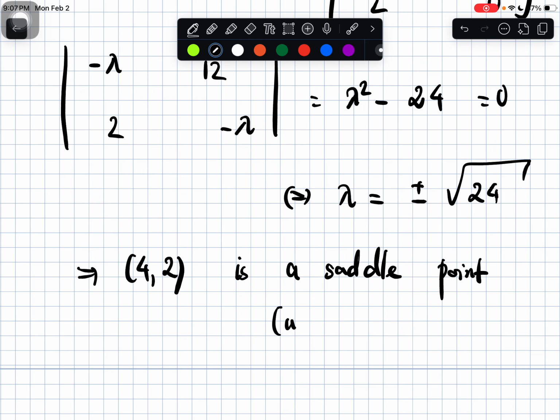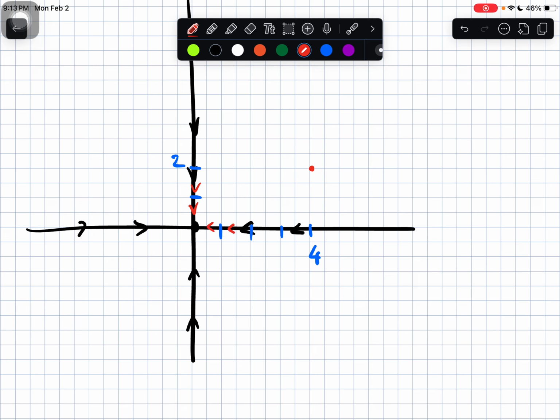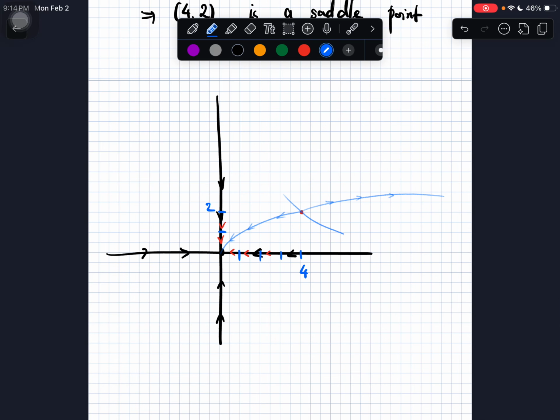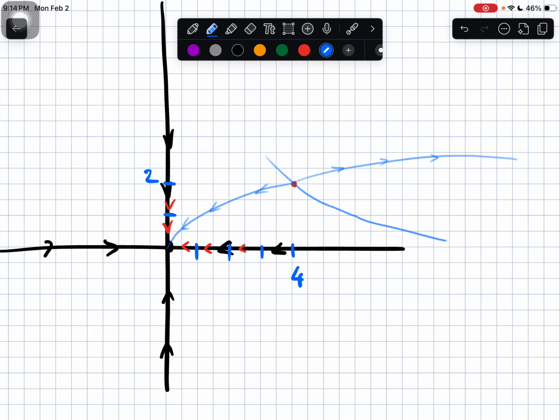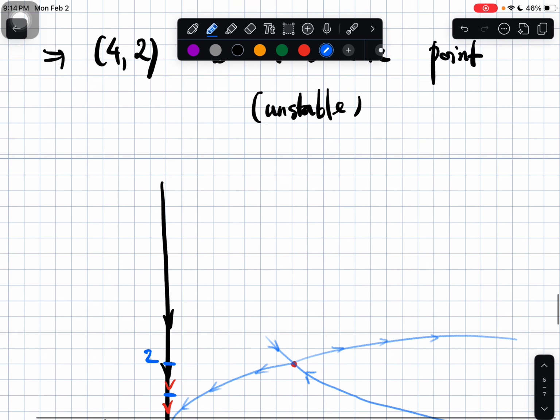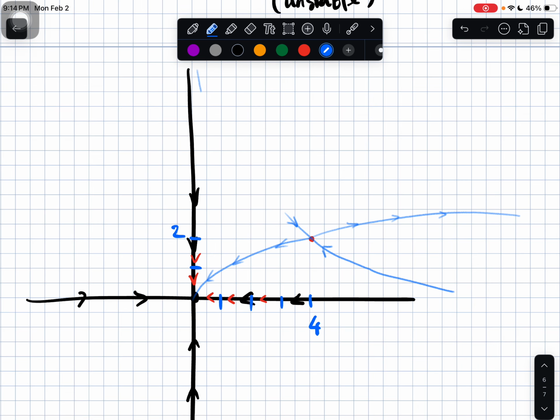We know that we have a sink at the origin (0, 0). So we would expect one direction to go into the origin here. Because it's a saddle, one direction goes in and the other goes out. From infinity, this one should go in, maybe like this.